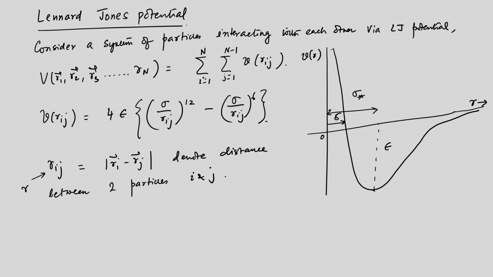So, there is 4 epsilon. So, this is that and this is the distance. As r goes to 0, as the two molecules come very close to each other, there is an enormous repulsion, and as they go away from each other there is a very weak attraction, and this attraction asymptotically vanishes when the distance between the two molecules becomes very large. So, let us see some features of this potential.